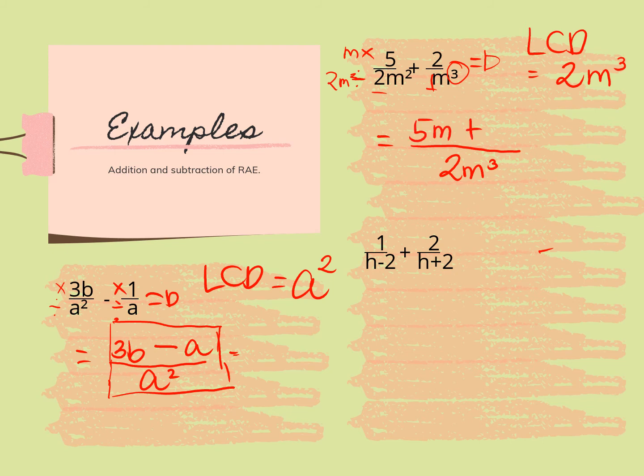And then plus 2m cube. 2 divided by 1 is 2, and then m cube divided by m cube is 1, so 2 na lang. 2 times 2, that will be 4. Since 5m and 4 hindi na pwede silang pagsamahin, that will be our final answer: 5m plus 4 all over 2m cubed.